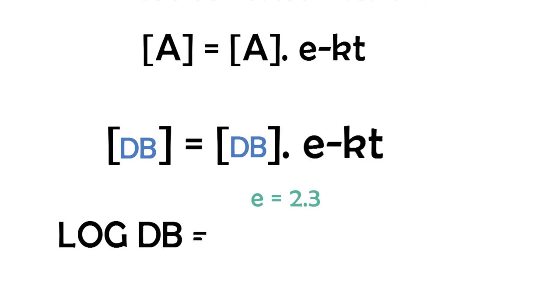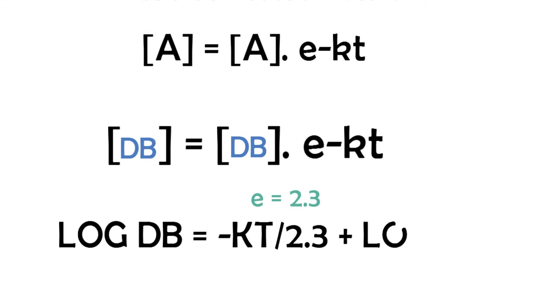Now, if you want to get rid of e, you take a log of it, and we use 2.3 for the conversion. We're going to rearrange it a bit so you don't get too confused. So log dB is equal to minus kt divided by 2.3, plus log dB naught.